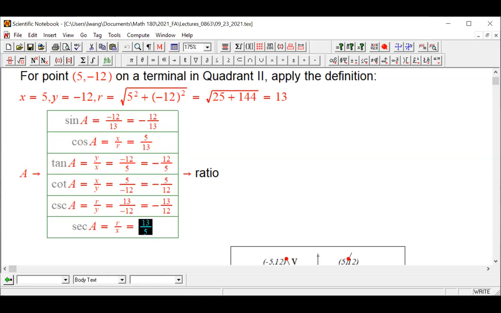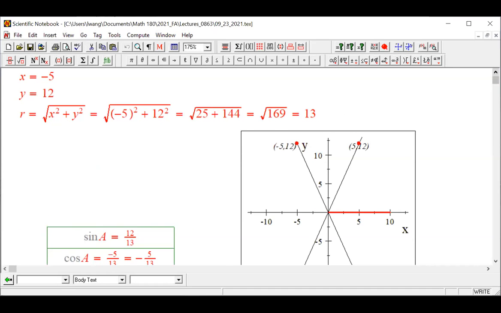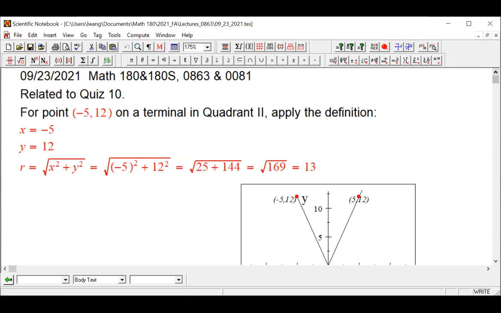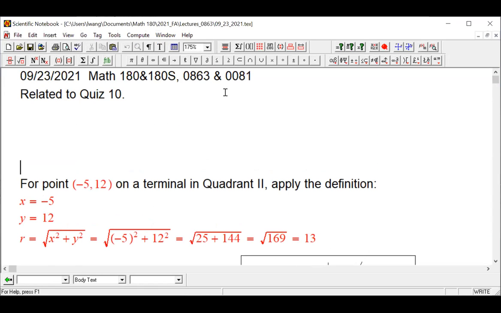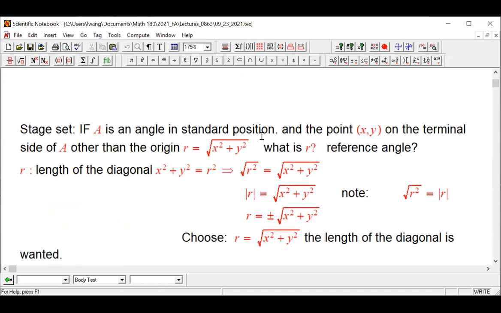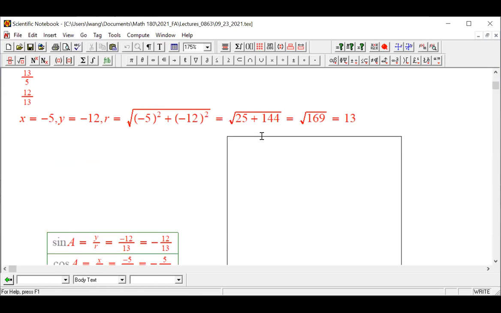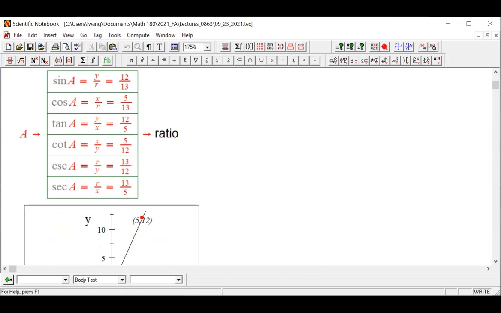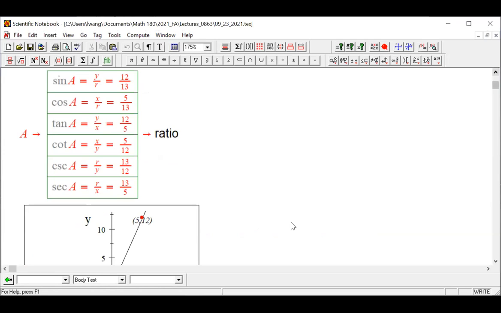Okay. So now let's observe. We do these examples, and what do we want to observe? Let's look at the first one, in the first quadrant.